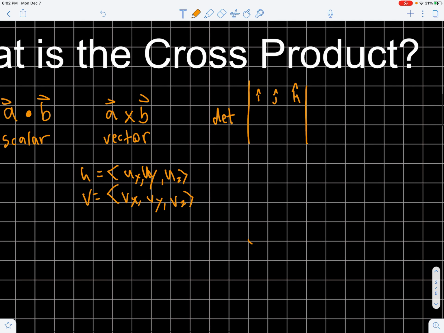So u cross v is the determinant of ix, i j k, ux, uy, uz, and vx, vy, vz.